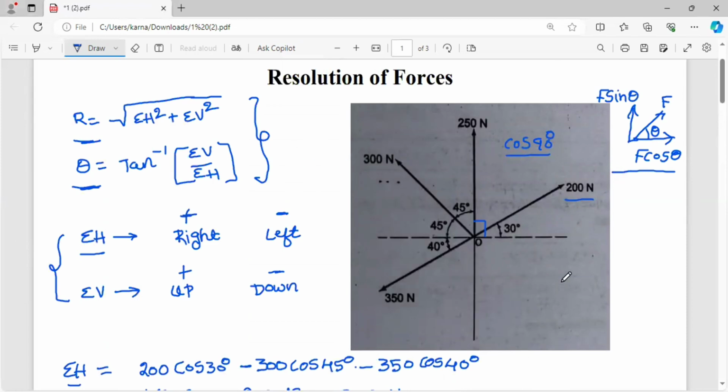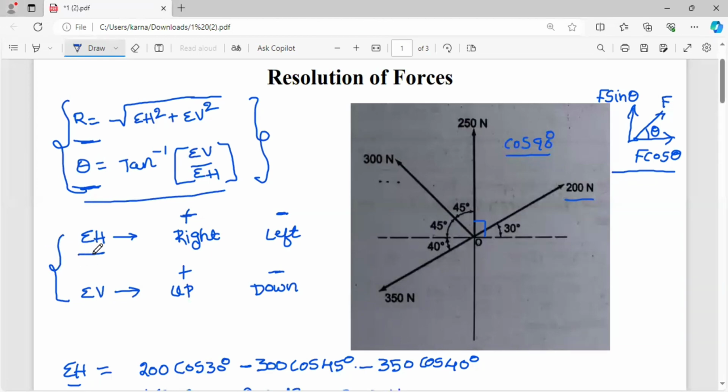In this way, we can calculate the magnitude and direction of the resultant for a number of forces acting in the system. You can simply remember these two expressions: R equals the square root of sigma h square plus sigma v square, and theta equals tan inverse of sigma v by sigma h.